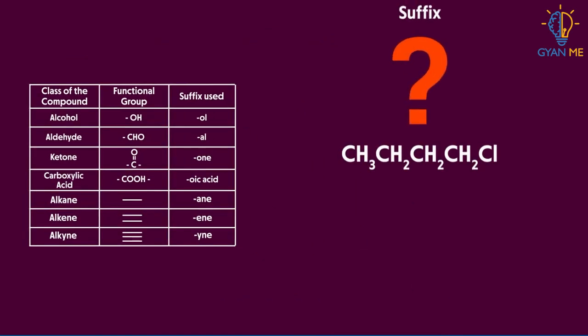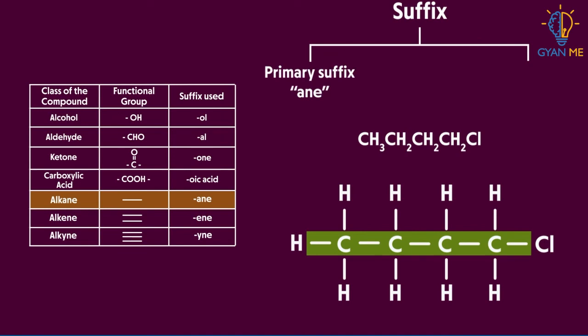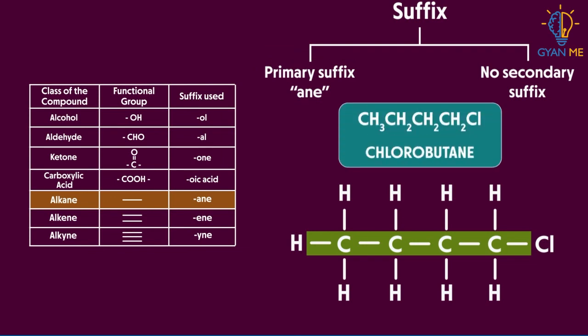Yes, we were to decide its suffix, isn't it? So as you can see, all carbon-carbon bonds are single covalent bonds, and therefore the primary suffix would be "-ane". And since there are no other functional groups, there will be no secondary suffix. Therefore, the suffix will be only "-ane", giving rise to the name chlorobutane.